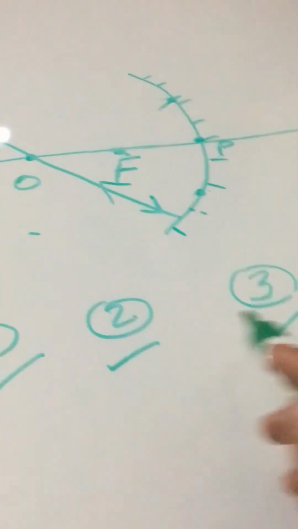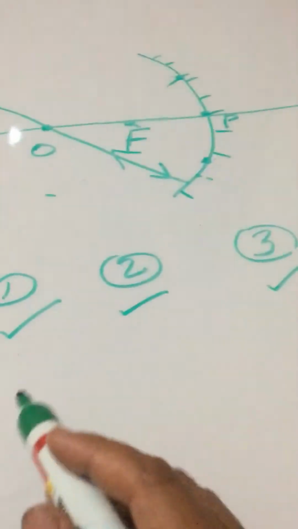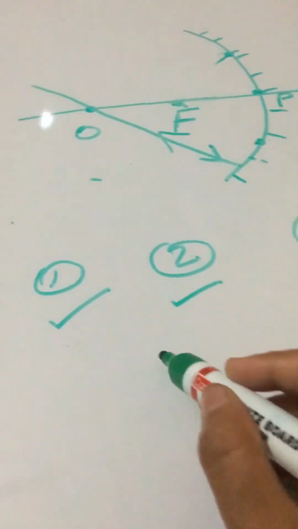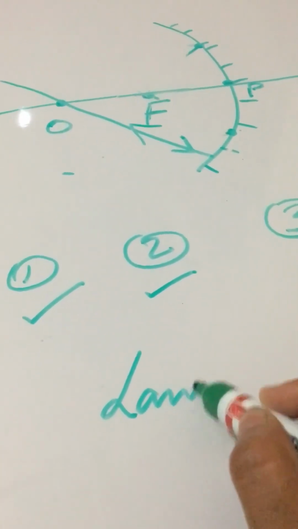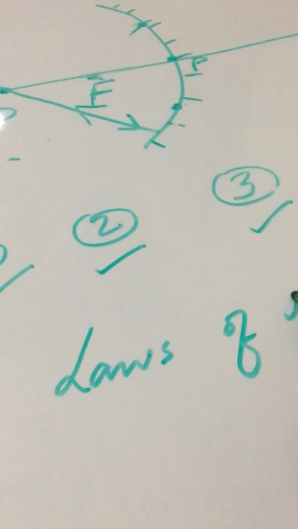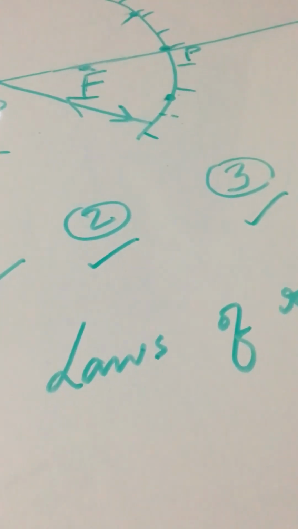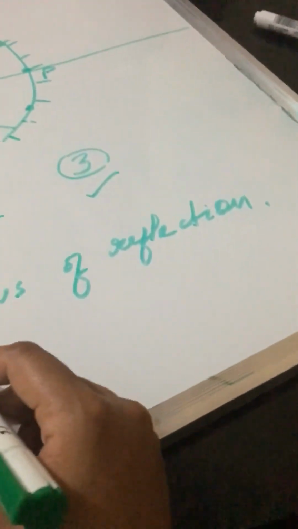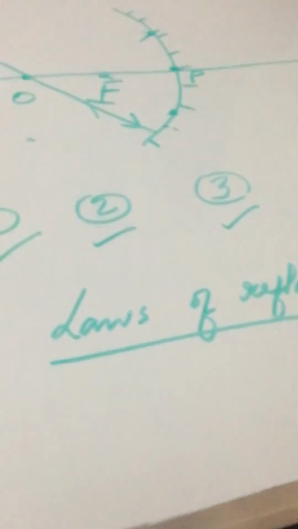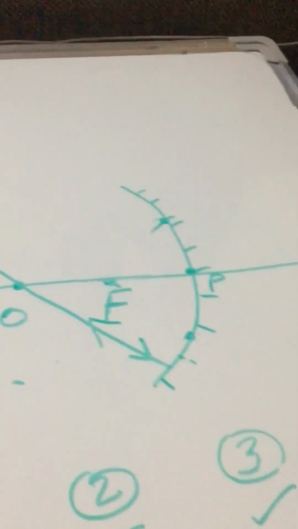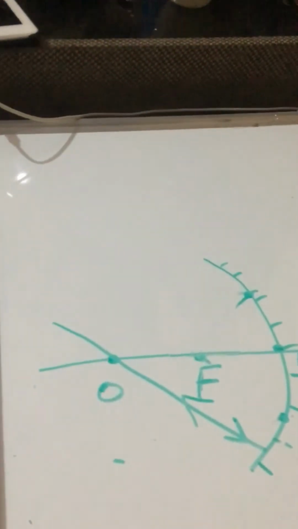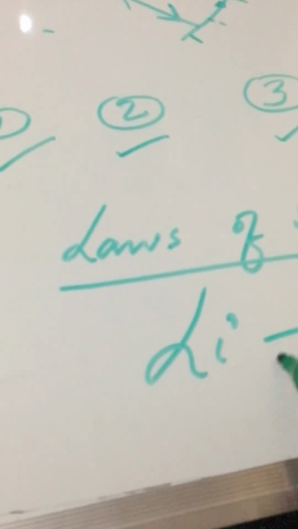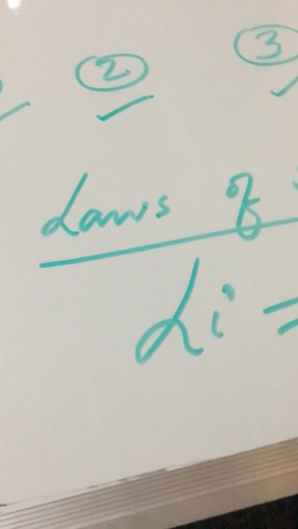All these rules obey the laws of reflection. It is the basis of how these rules have come. The basis is the law of reflection. Let me tell you the law of reflection: always the angle of incidence is equal to the angle of reflection.